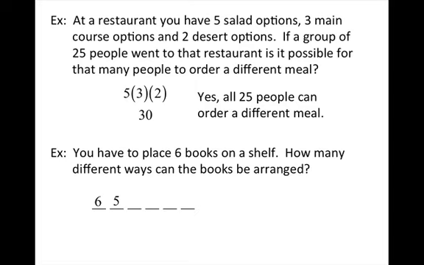So I have 4 choices. And this pattern continues. Now that I've placed 3 books on the shelf, I have 3 left in my pile to choose from. Then for the next book, I only have 2 left to choose from. And then finally, for the last spot on the shelf, there's only 1 remaining book.